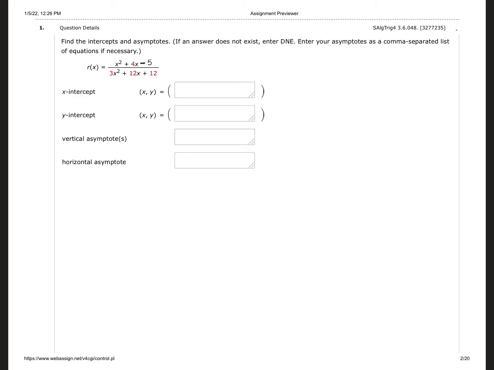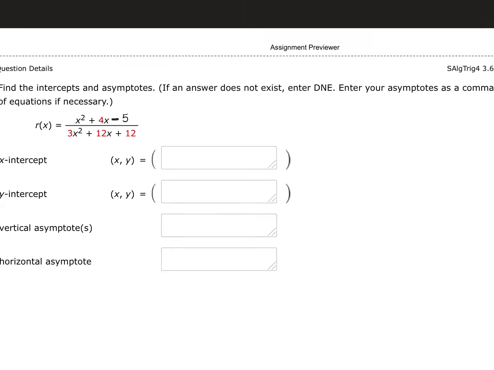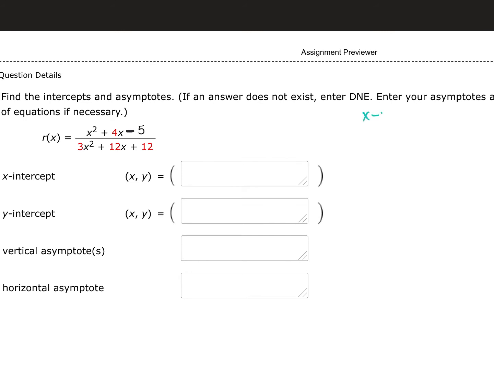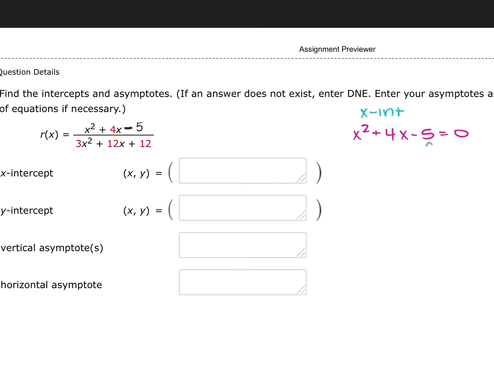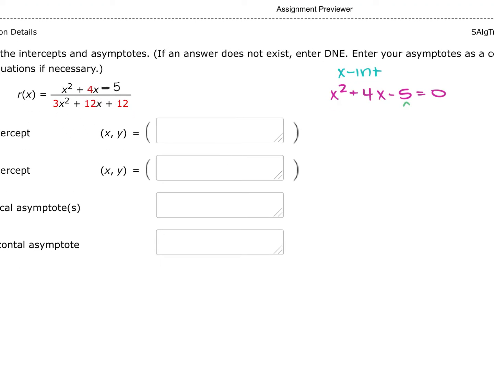All right, so for your x-intercept to start with, you are going to work with just the numerator and set it equal to 0. So we have x squared plus 4x minus 5 is equal to 0. We can factor this out, find the factors of negative 5 that add up to be 4. We have negative 1, positive 5. So this factors to be x minus 1 times x plus 5 is equal to 0.